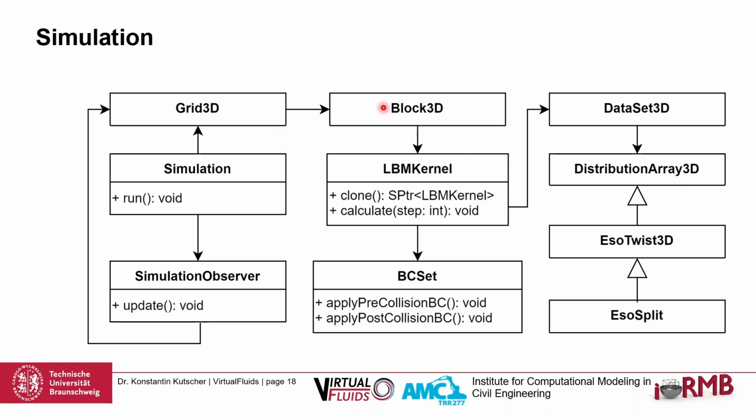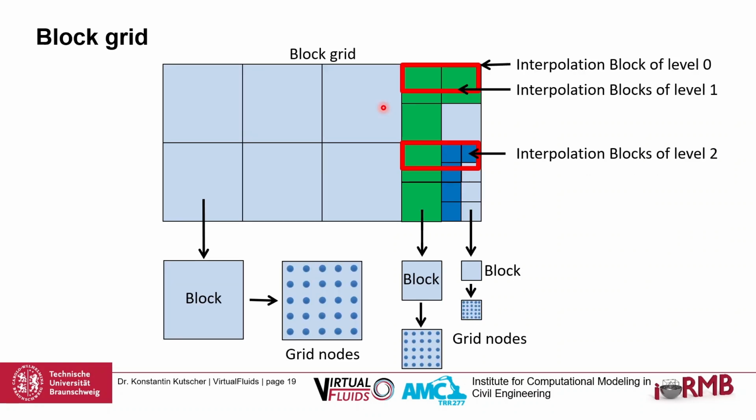And what is it? We implemented in the CPU version a so-called block grid. It means that at first we have some topological grid. It doesn't consist only of blocks. So what does a block mean? You can imagine it like Lego blocks.